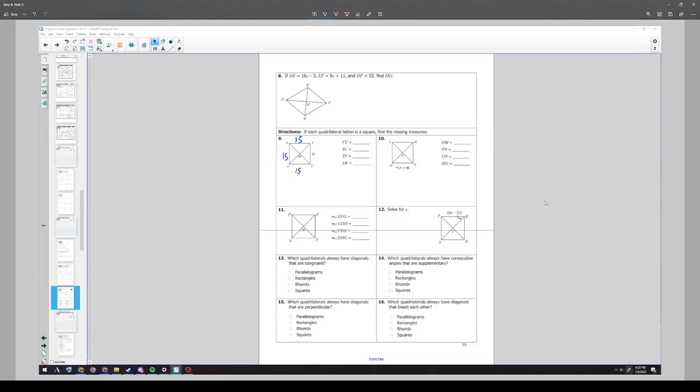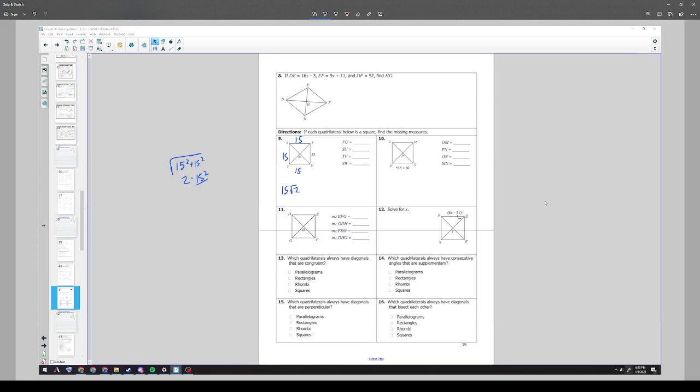So we know that VT is going to be the square root of 15 squared plus 15 squared, or we can use the shortcut since those are equal, it's just 15 times square root of 2, because we do square root of 15 squared plus 15 squared, so we end up with 2 times 15 squared, and that's a pair of 15, so they just come out. So anytime we're doing Pythagorean theorem with 2 equal leg lengths, the hypotenuse is just going to be that length times the square root of 2.